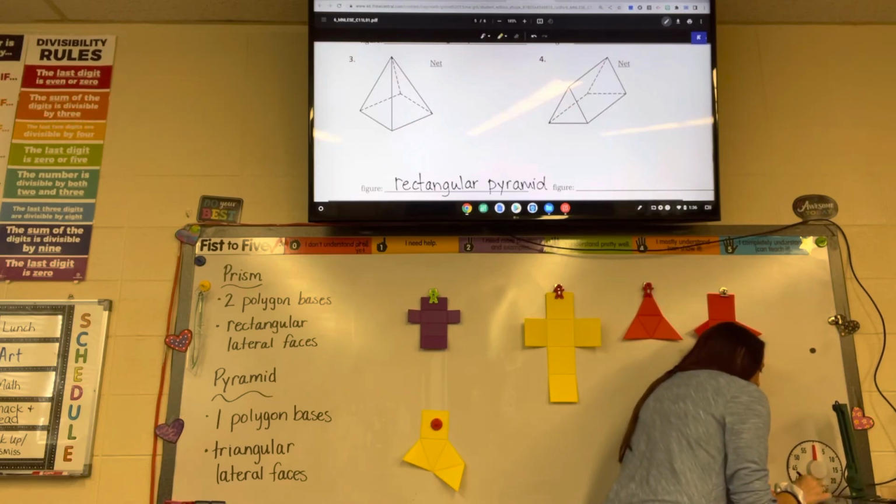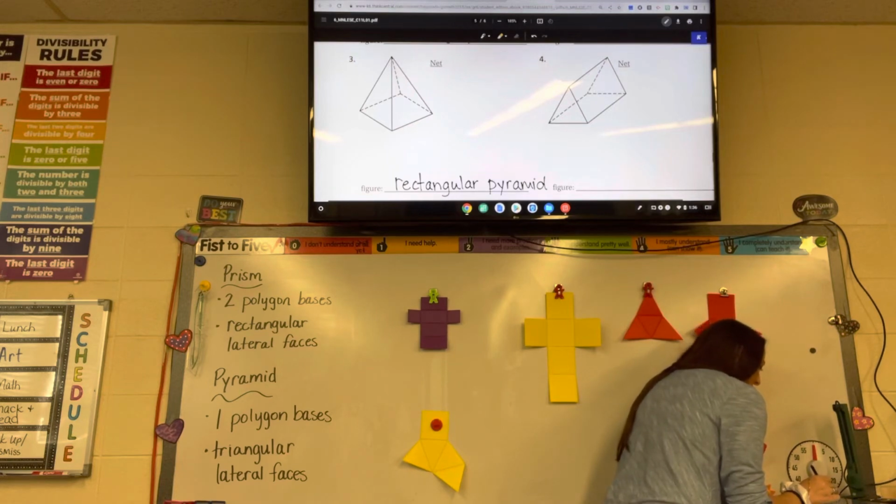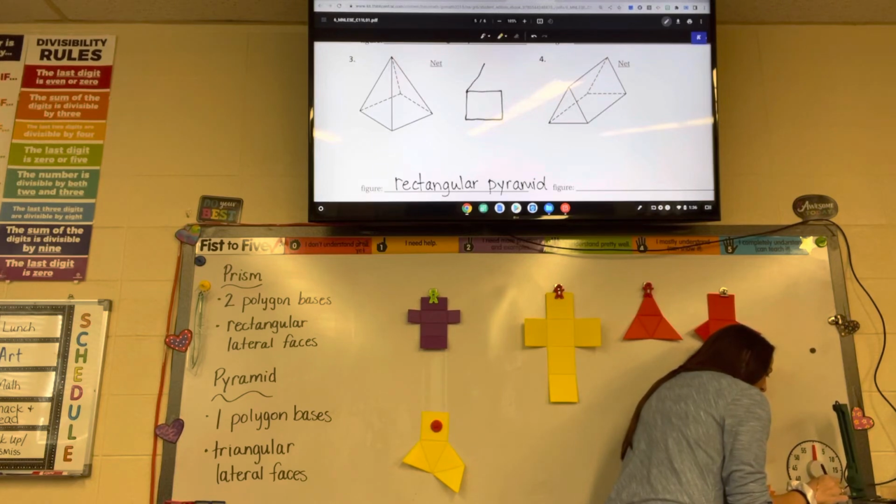So it's made up of 4 triangles and 1 rectangle. So we're going to do a rectangle here and triangles coming out from each side.